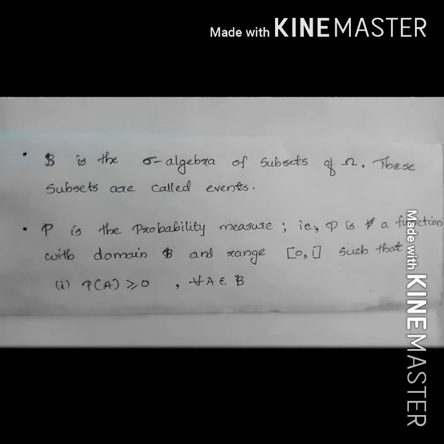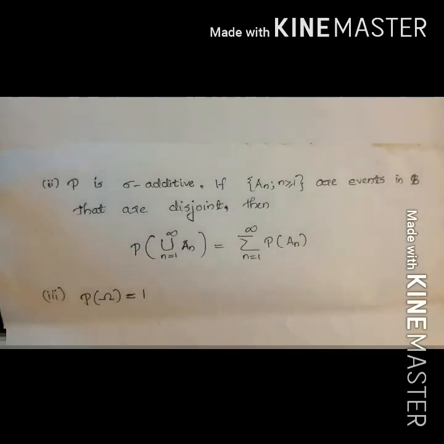That is, P is a function with domain B and range [0, 1] such that the first condition is P(A) is greater than or equal to 0 for all A belonging to B. And P is sigma additive. That is, if A_n, n greater than or equal to 1, are events in B that are disjoint, then P of the union over n equal to 1 to infinity of A_n equals the summation over n equal to 1 to infinity of P(A_n). And the last condition is P(Omega) equals 1.